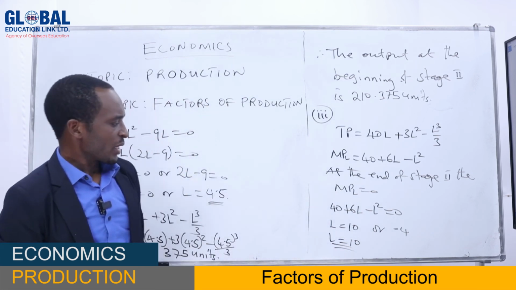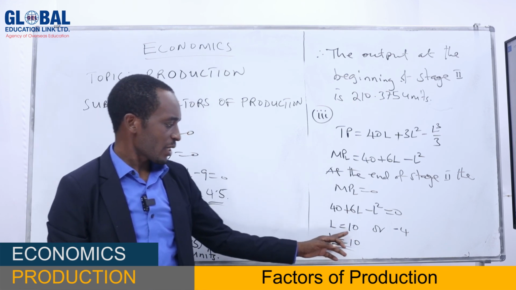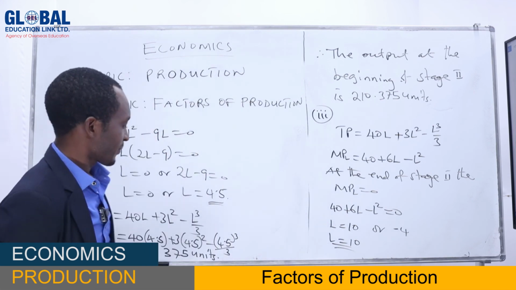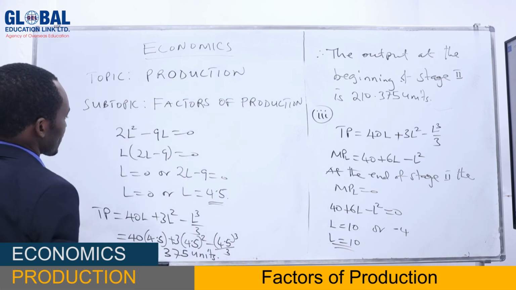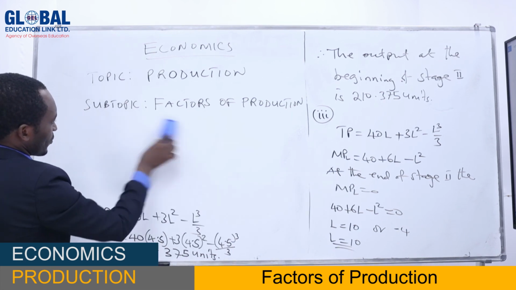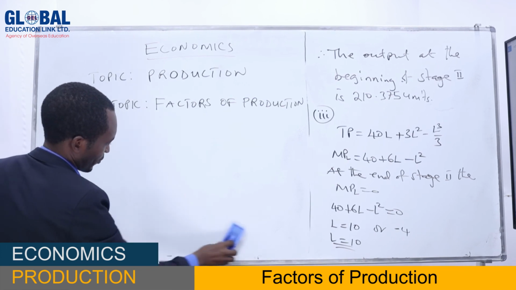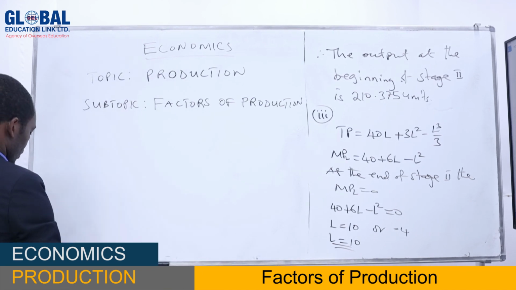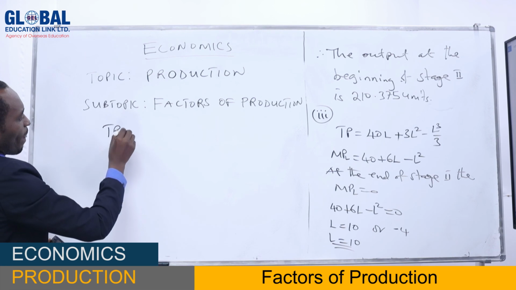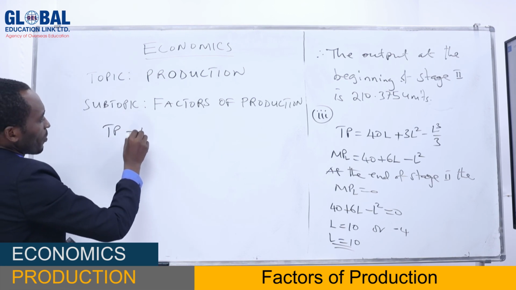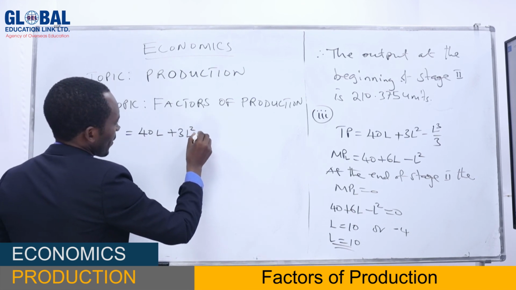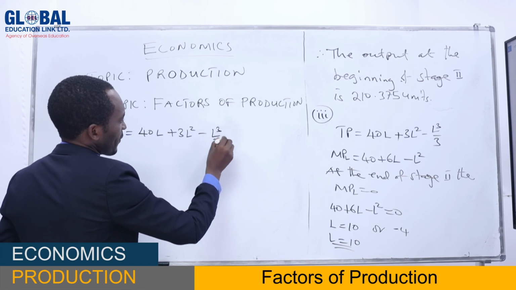Now you need to calculate the corresponding output. So you will substitute this unit of labor in the total production function. So our total production function is equal to 4L plus 3L square minus L cube over 3.